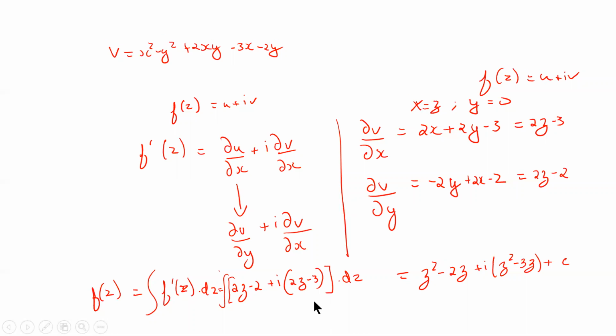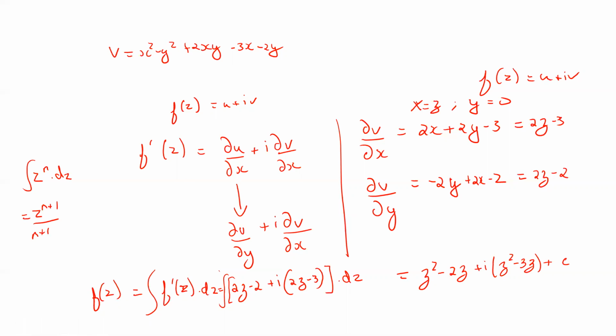This just entails integrating with the formula: wherever you had z power n dz, you integrate using z to the power n plus 1 divided by n plus 1. Take out the constants; if 2 is there, pull it out, integrate, and put it back. If you have i here, pull it out along with the 2, integrate, and treat them as constants. That's how we got this answer.